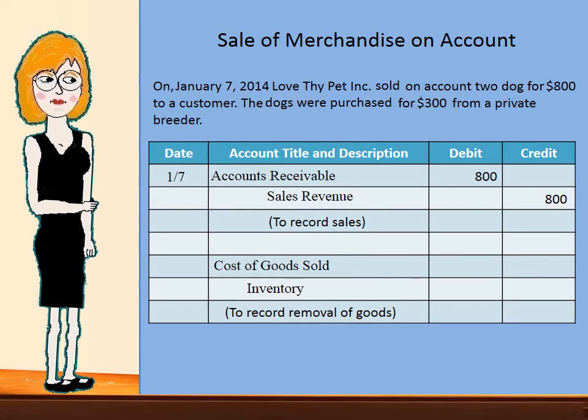The amount we paid for the inventory was $300, so we will debit, increasing cost of goods sold, and we will credit inventory, an asset account, thereby reducing that account. This is an example of how to record a sale of merchandise on account in a merchandising business that uses perpetual inventory.